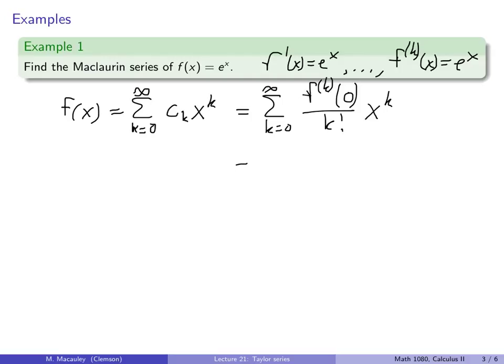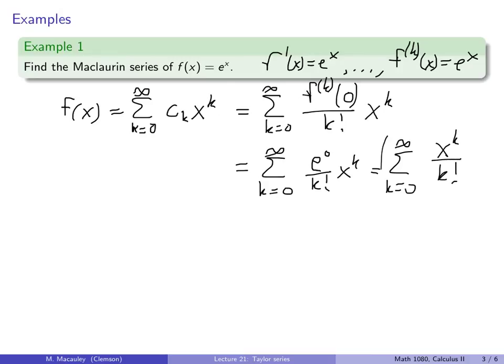So in this case, this is just equal to the sum from k equals 0 to infinity of e to the 0 over k factorial times x to the k. e to the 0, of course, is 1, so that's k from 0 up to infinity of x to the k over k factorial. So this is a function that is equal to e to the x. Well, at least somewhere. We're going to look at the radius of convergence next.